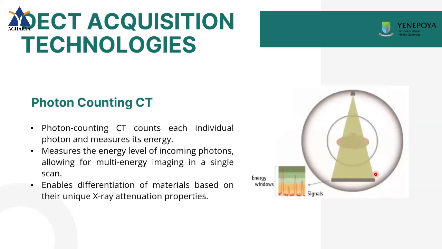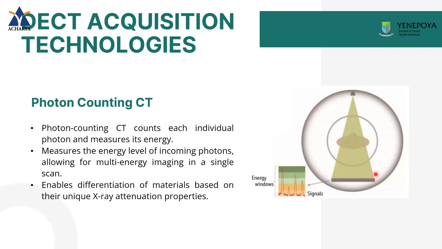Next, we have one of the very important advancements in spectral imaging, which people are talking a lot about these days. That is the photon counting detector, or photon counting CT. So what does it do?